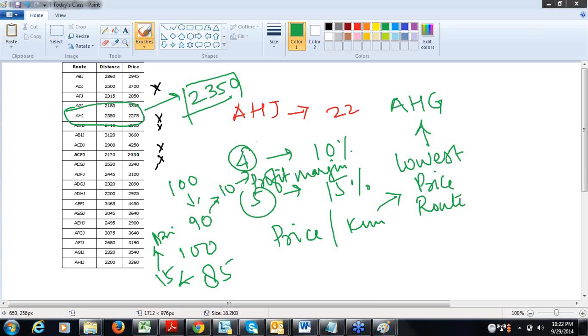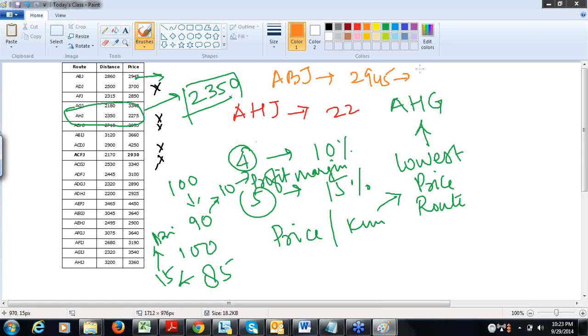Got it everybody? Still anybody has a problem with this? See, in question number 4, how it is coming is, suppose for the route ABJ, the price is 2945, but 2945 is not the actual price.